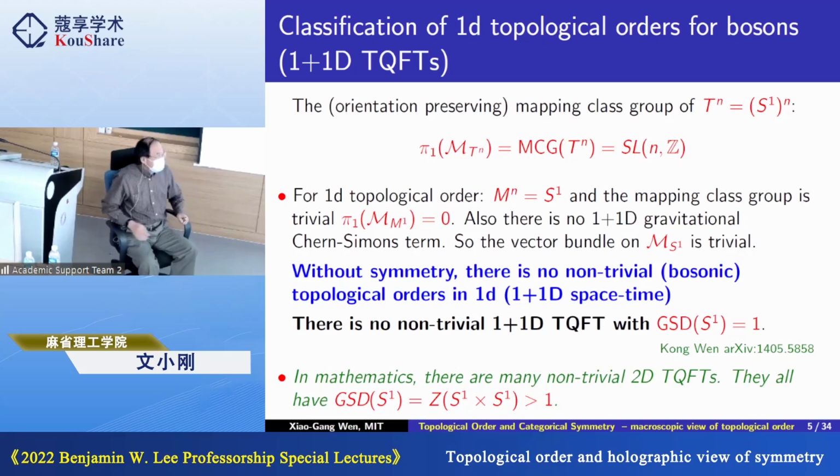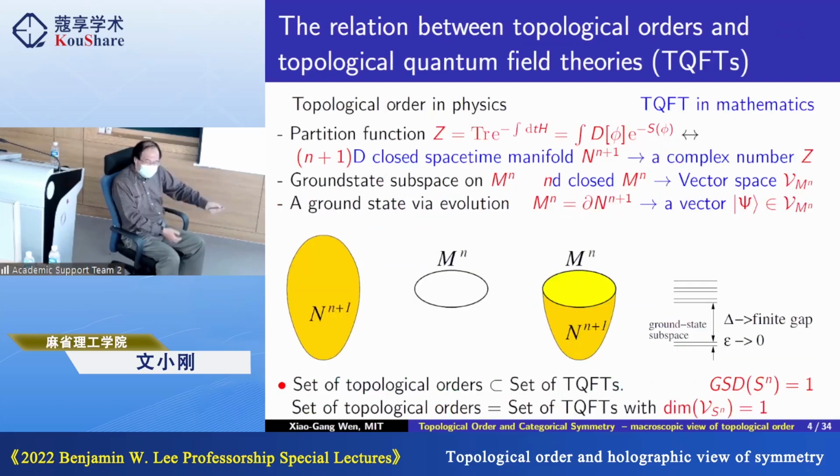However, if you search the literature, there's a lot of discussion of 1+1 dimensional TQFT, including non-trivial ones. You might ask what that means, since topological order and TQFT are related, and there's no topological order in one dimension, but there are non-trivial TQFTs.